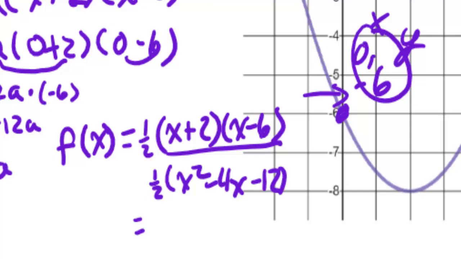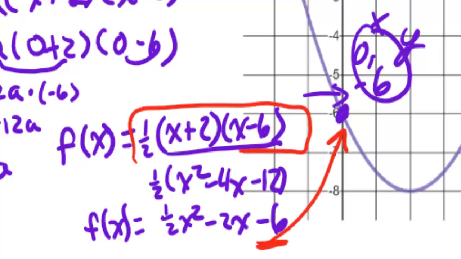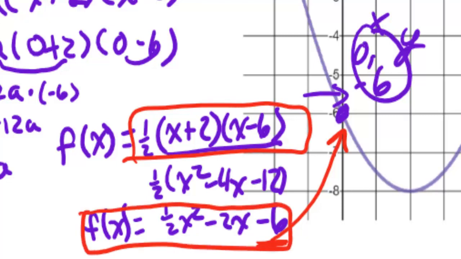So when you distribute that, you'll end up with 1/2 x squared minus 2x minus 6 equals f of x. And now the y-intercept out here matches what the y-intercept actually is on the graph. So you could show it this way, but more often than not we show it this way by simply foiling out our binomial, and then whatever a value we have out in front we just distribute it on through.